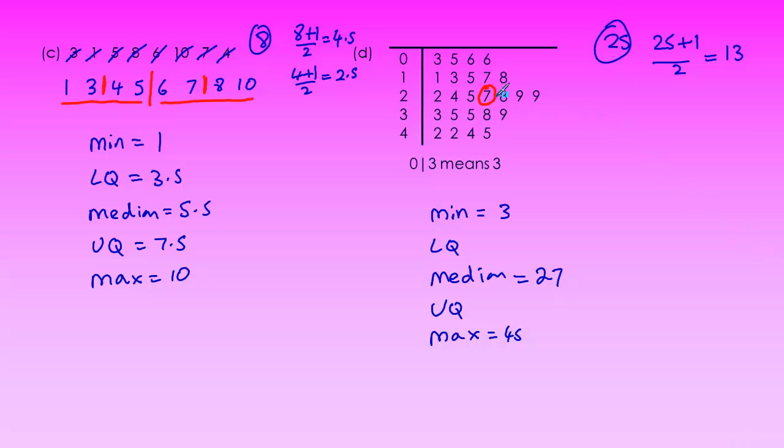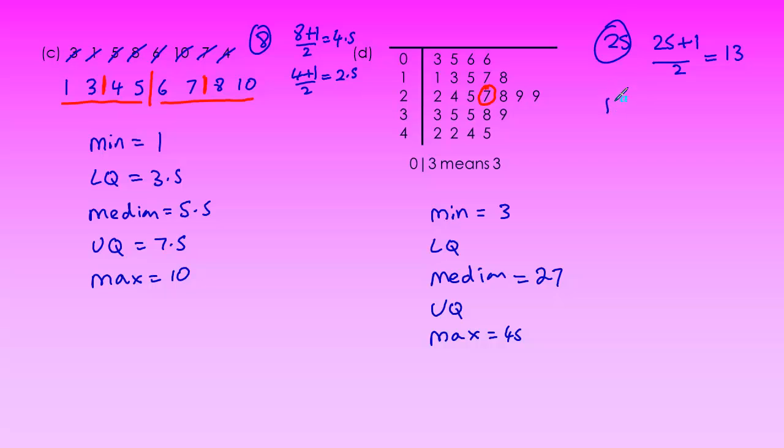Now, if this is the 13th piece of data, it should split our data with 2 sublists of 12 either side. So let's just check 1, 2, 3, 4, 5, 6, 7, 8, 9, 10, 11, 12.